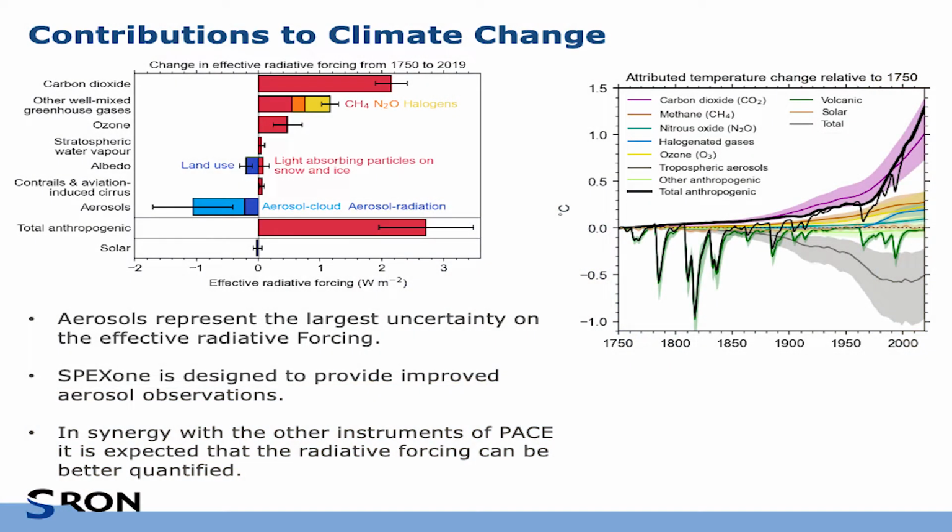And as a result of that, the impact of aerosols, they have a big negative effect. They also have a big error bar. And I think it's fair to say that while this is, I think this is from IPCC, most people who have looked at the literature would probably say that this error bar is underestimated.